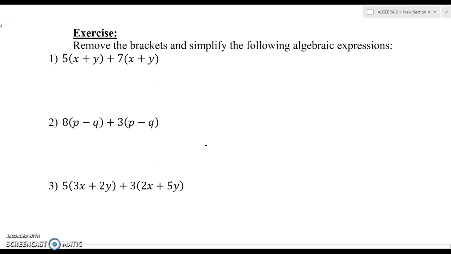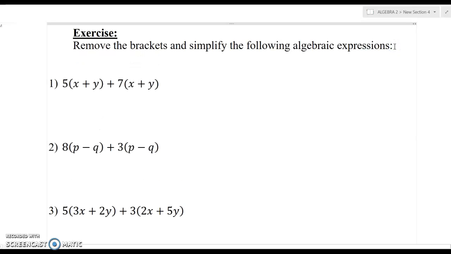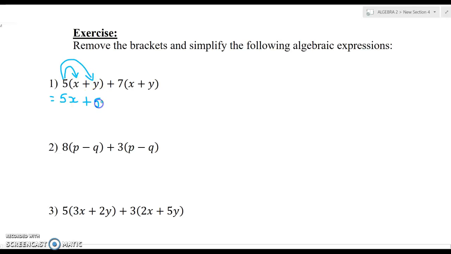All right, let's look at the first one. Now, I'm just going to create some space here. 5 multiplied by x is 5x. 5 by positive y is positive 5y. In this question, there are no negative signs, so everything is positive.